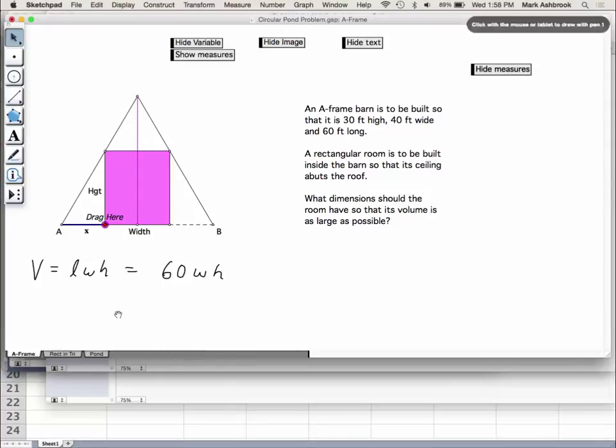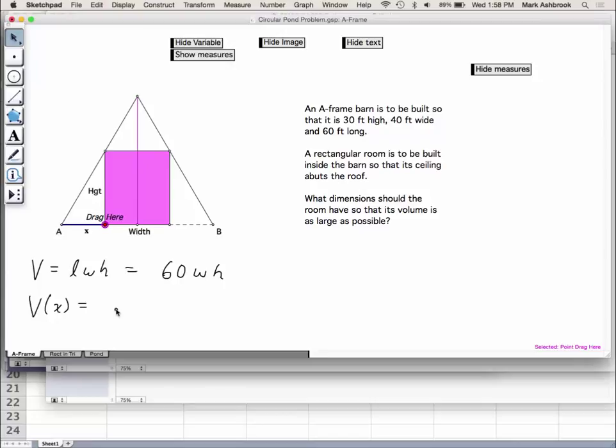If you notice in my animation, this little illustration, I have this x here, and it's actually easiest to do this as a function of that x, even though that's neither the width nor the height. I'm going to do volume in terms of that x, because I've done this problem before, and I know that's really helpful to use as my changing input quantity, or independent variable.